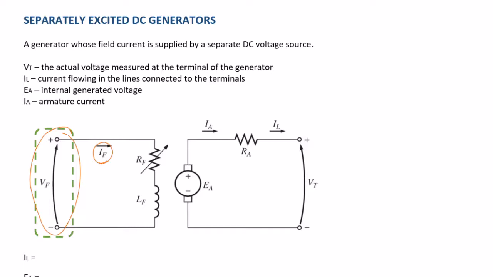The notation that we use here, VT, is the actual voltage measured at the terminal of the generator, which is basically the output of the generator, the terminal voltage. And then you've got IL, which is the line current flowing in the lines connected to the terminal. And then you've got EA, the internal generated voltage or back EMF, and IA, the armature current.